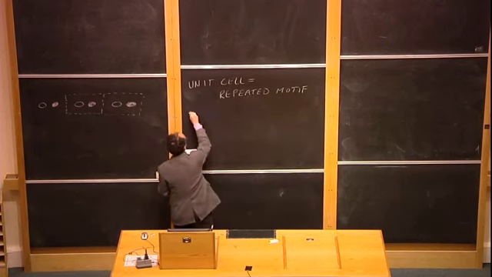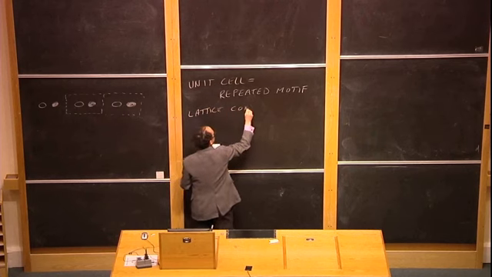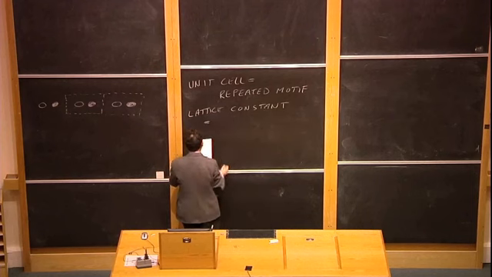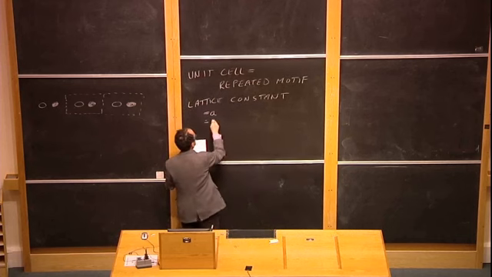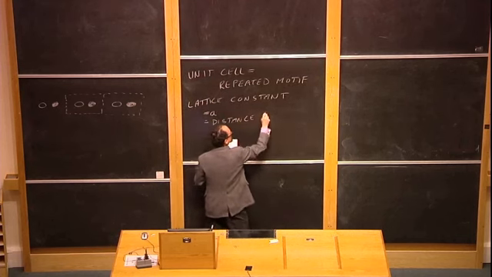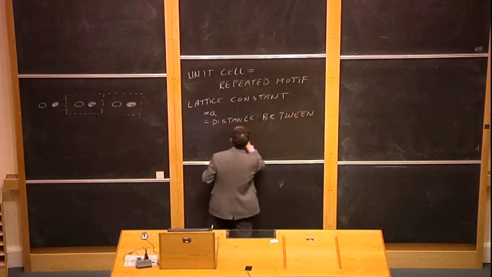Another important word that we introduced last time is lattice constant, which we usually call A, and we defined it as the distance between equivalent atoms.